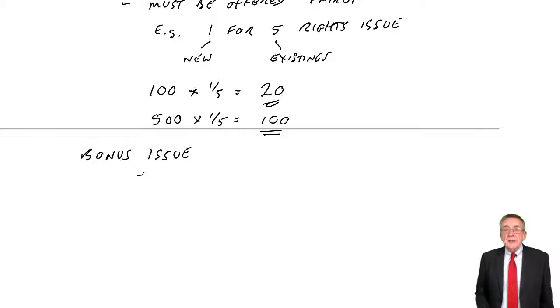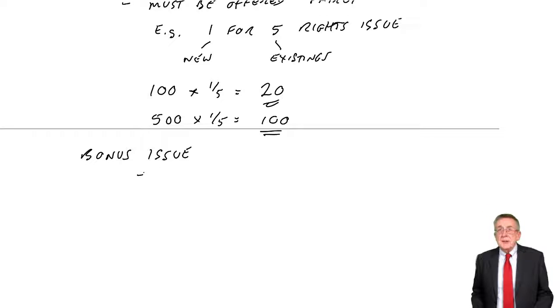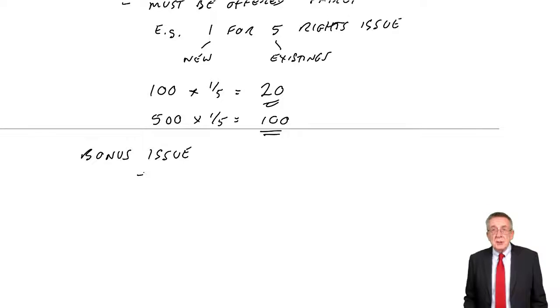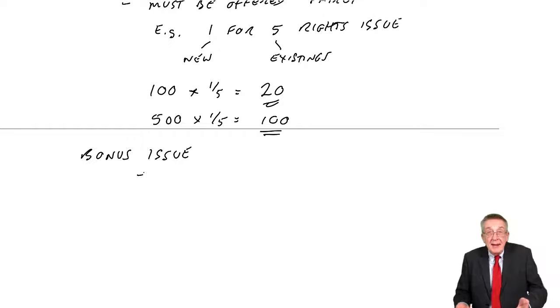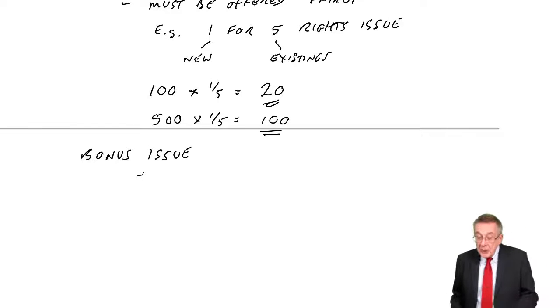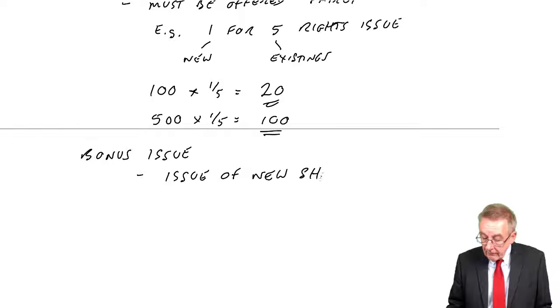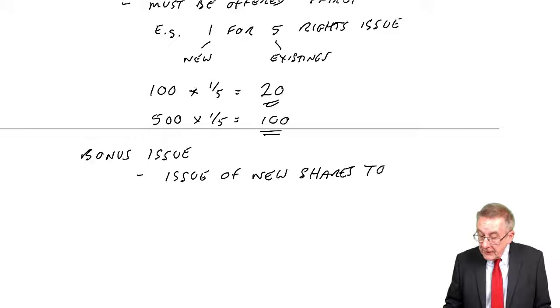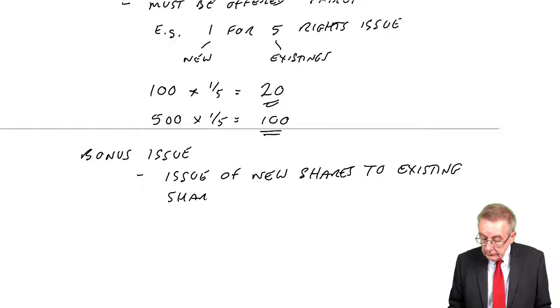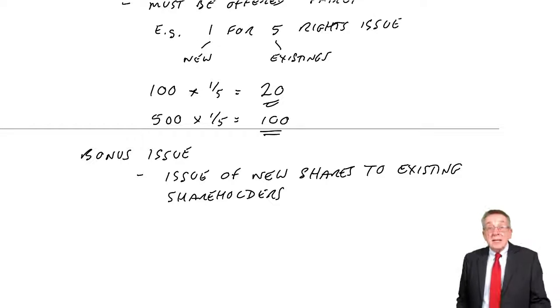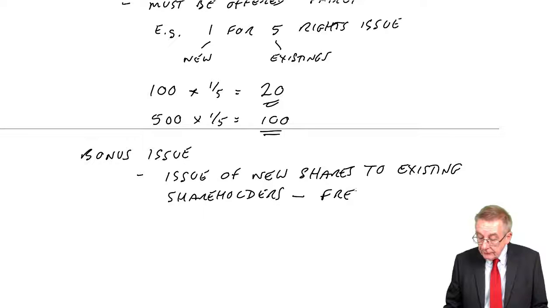And this time, instead of offering shareholders the right to buy new shares if they want to, and they may not want to because they have to pay for these shares, a bonus issue is an issue of new shares, again to existing shareholders, but this time they're simply given free of charge.